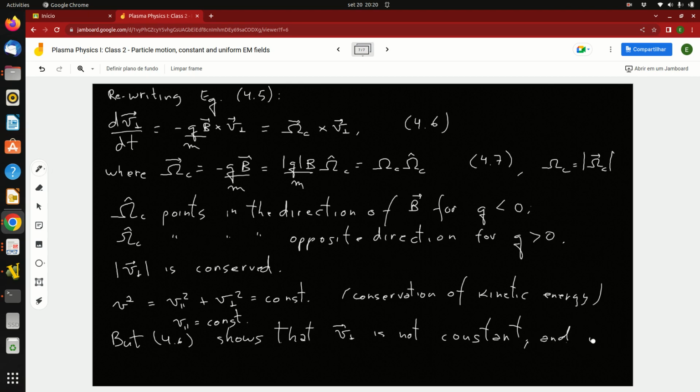And its acceleration is perpendicular to b and v.